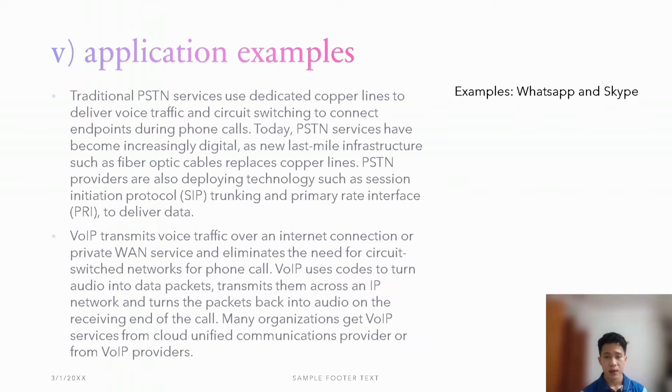VoIP transmits voice traffic over an Internet connection or private WAN service and eliminates the need for a circuit-switched network for phone calls. VoIP uses a codec to turn audio into data packets, transmit them across an IP network, and turn the packets back into audio on the receiving end of the call.